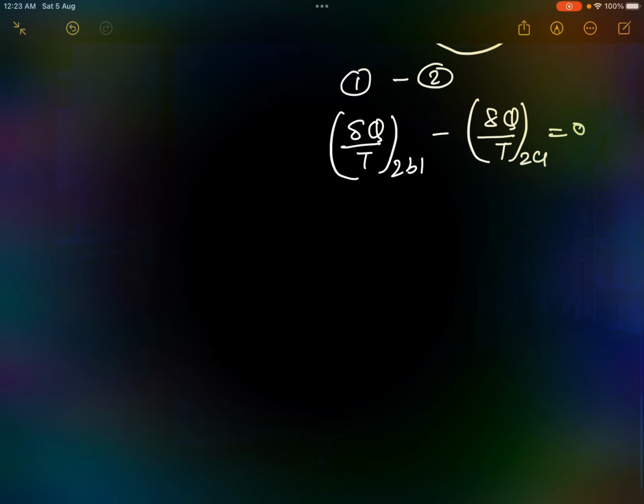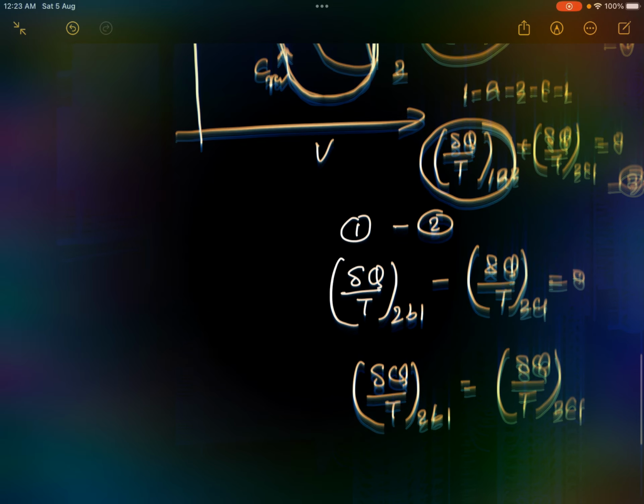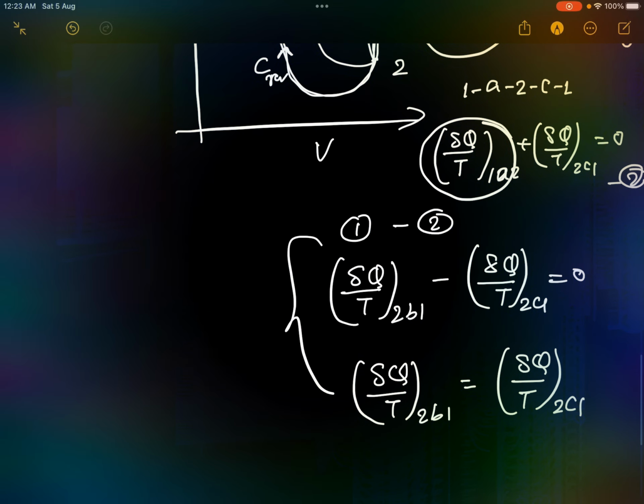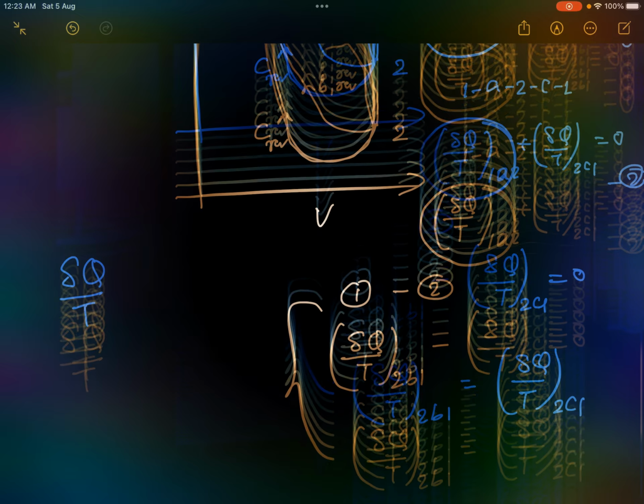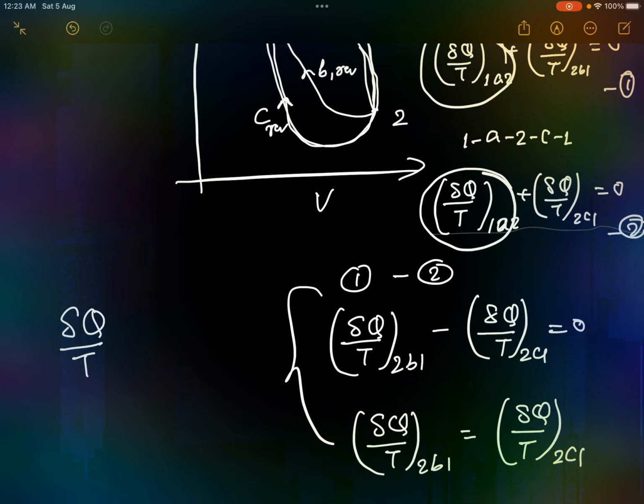Fine. So here we can say that del q upon T along path 2B1 is equal to del q upon T along path 2C1. It means that this value, del q upon T, does not depend on the path, because for every path I am getting the same value.